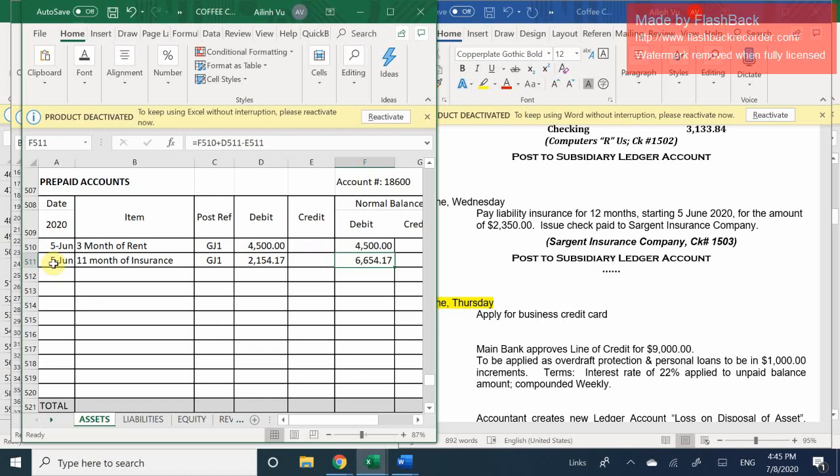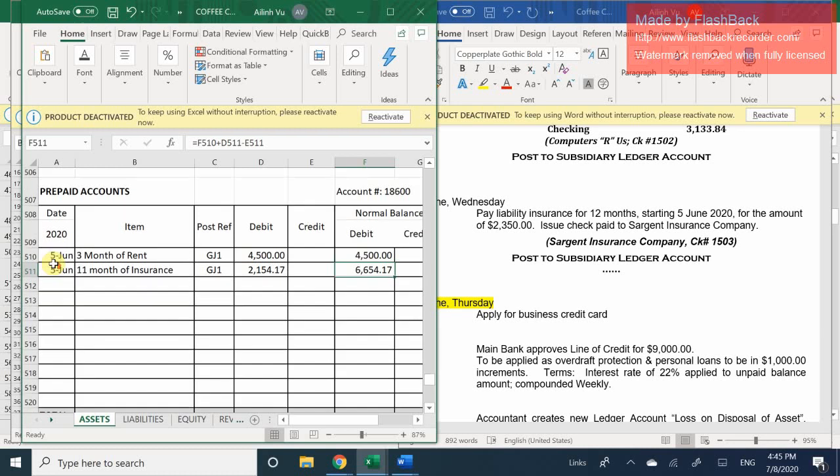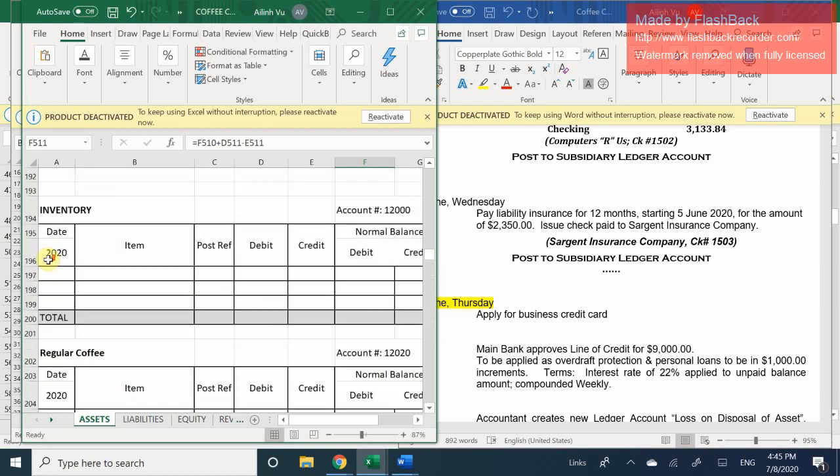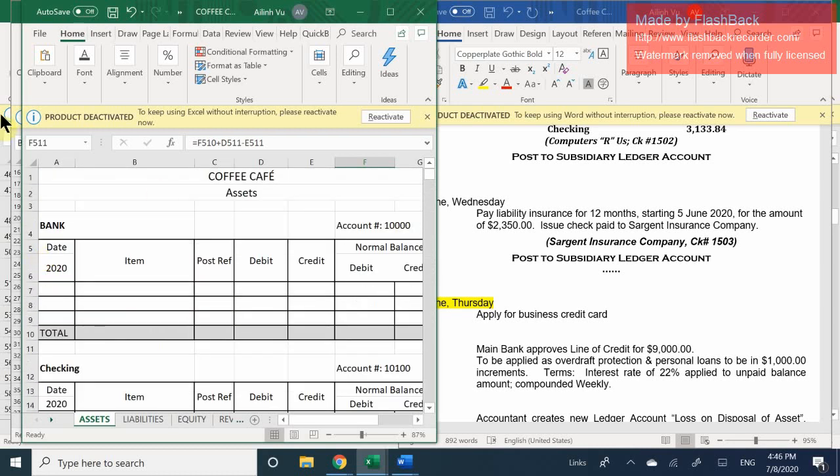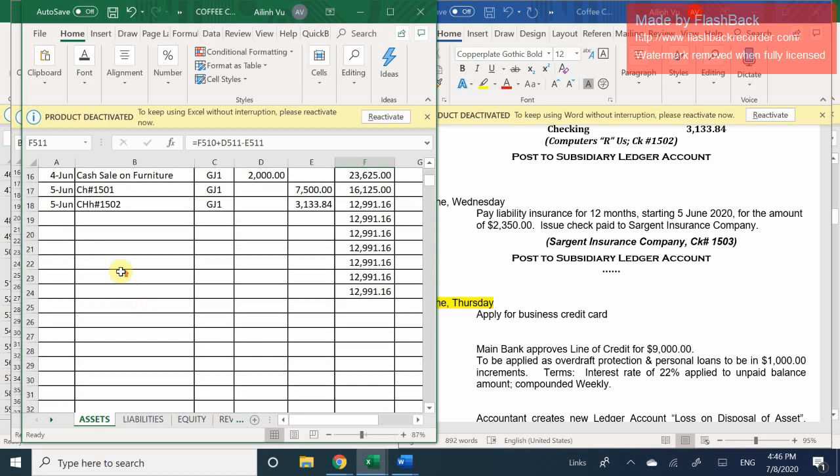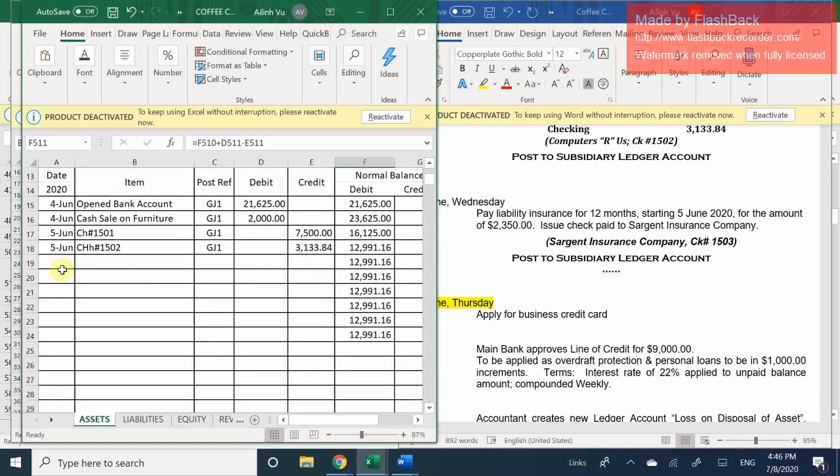All right. And then lastly, the last thing I had was my checking account. So I'm going to go all the way up to checking, and I'm going to indicate that on the 5th of June, I wrote a check, number 1503, general journal number 1.